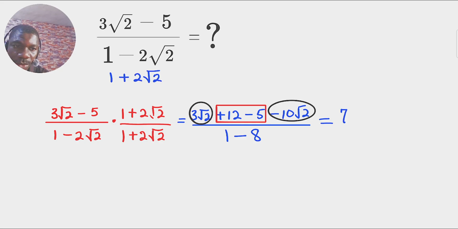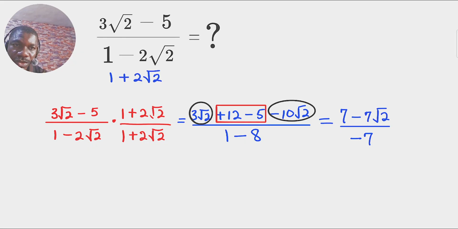Okay, so here we have negative 7 root 2, then all over. Now 1 minus 8 should give us negative 7.